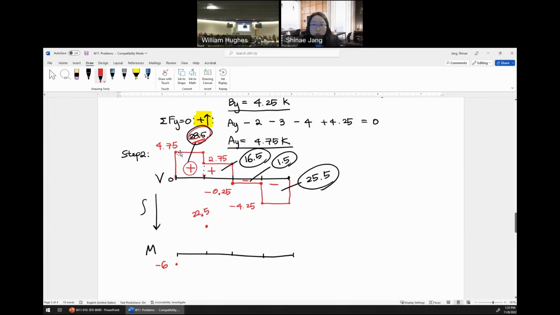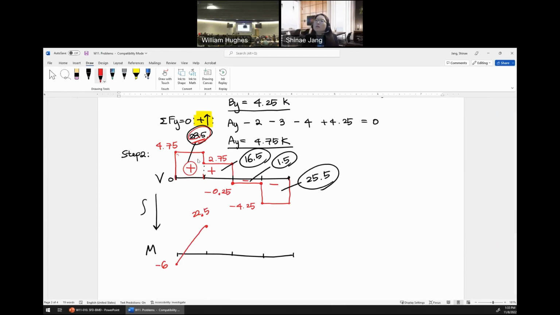Plus and slope is constant. And then what is the integration of a constant function? Is it linear, quadratic, or cubic? Slope is constant, so it's a linear function. So it should be linearly increasing like this. So that's how you plot the bending moment diagram using the relationship between shear force and bending moment.